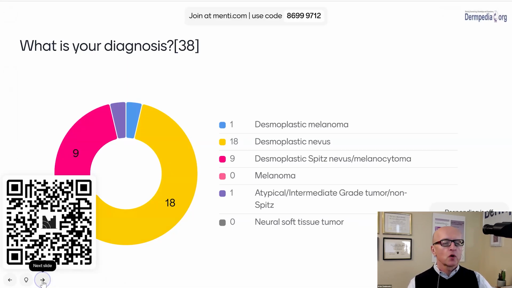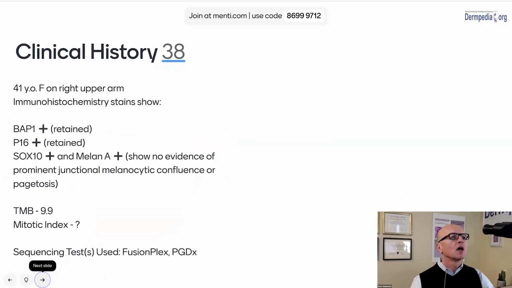So now I'm going to show you the genetics of this case. We have a 41-year-old, right upper arm. BAP1 was retained, p16 was retained. This lesion was SOX10 and melanoma positive. It had a tumor mutational burden of close to 10.